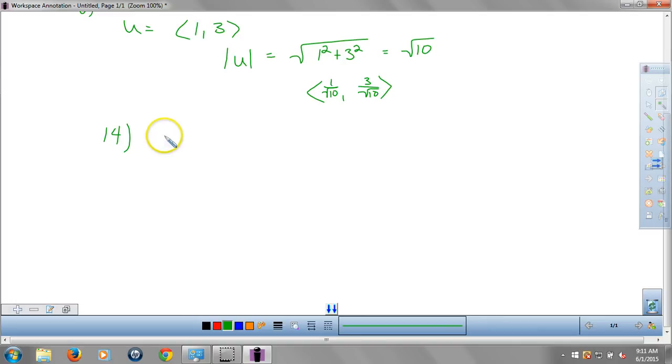Find magnitude and direction. Okay, magnitude, getting old. Square root of 1 squared plus 6 squared is square root of 37. That's our magnitude. Now for the angle, go over 1 up 6.